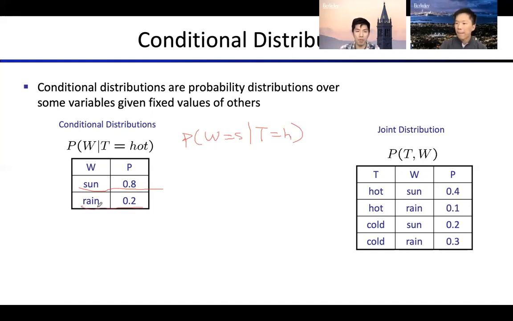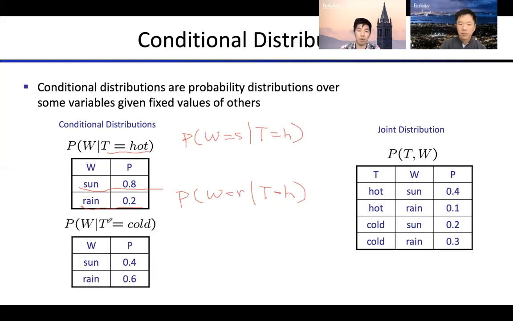If we wanted to calculate this row, we would still fix T equals hot and just calculate W equals R given T equals hot. I won't go over the calculations because you can find them in the previous slide. Similarly, if we fix T equals cold, the other conditional distribution on W would be calculated similarly. These two little tables combined are the conditional distribution of W given T.